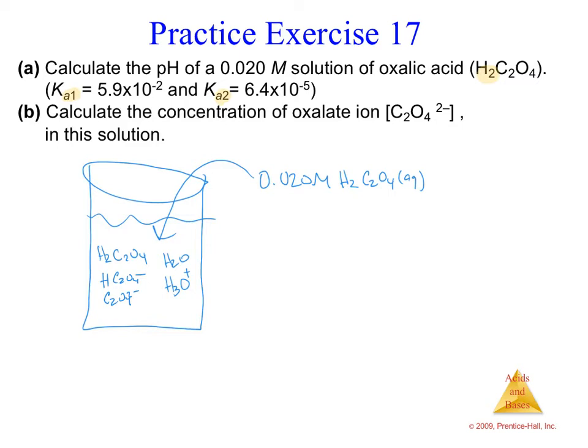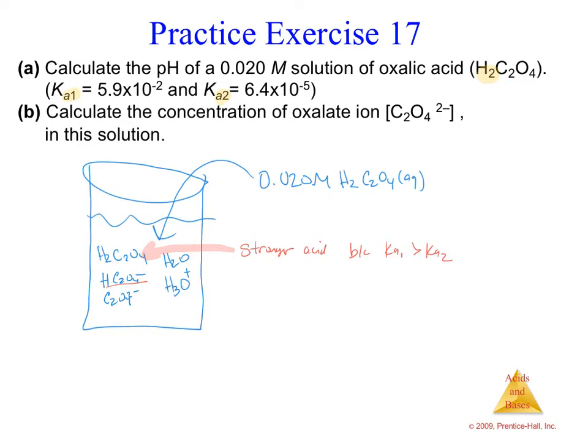And of my two acids, H2C2O4 and HC2O4 minus, H2C2O4 is my stronger acid compared to HC2O4 minus, because Ka1 is greater than Ka2.